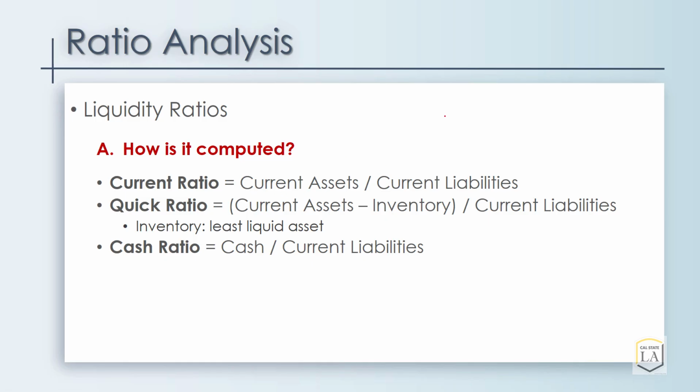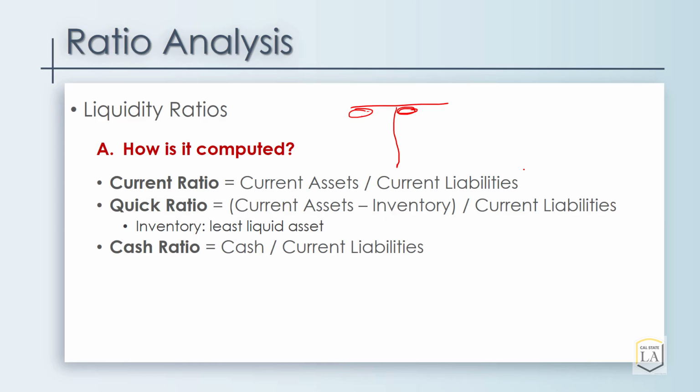And so if we try to understand it in terms of the balance sheet, we're taking the current assets from the assets section and current liabilities from the liability section and trying to create the ratio between the two. And doesn't that remind you of a term that we recently learned in chapter 2?